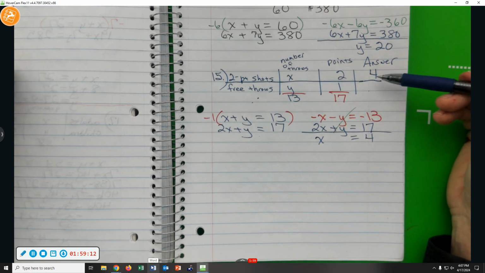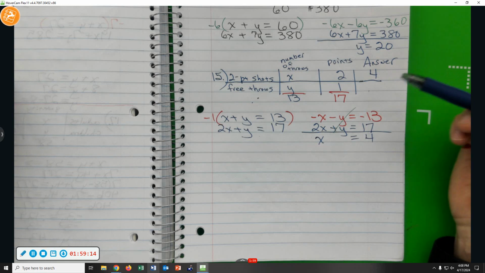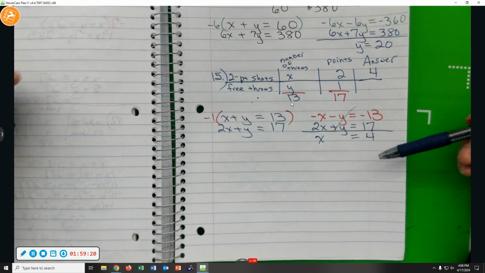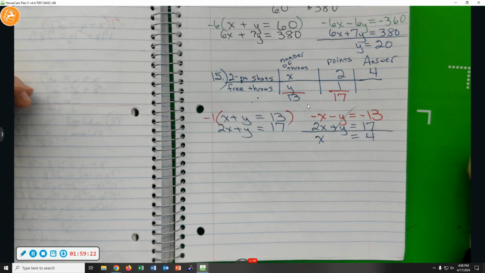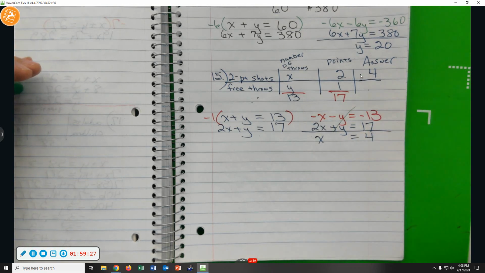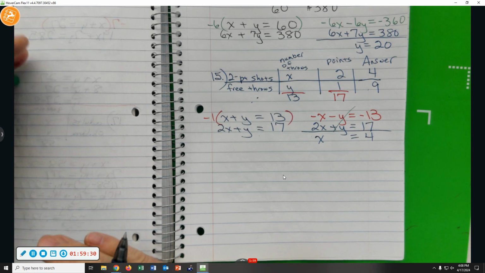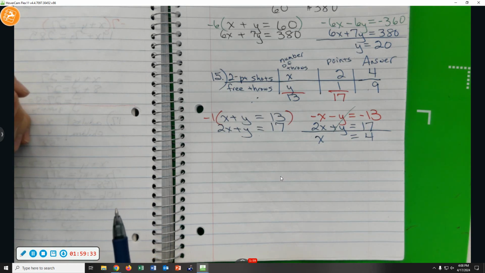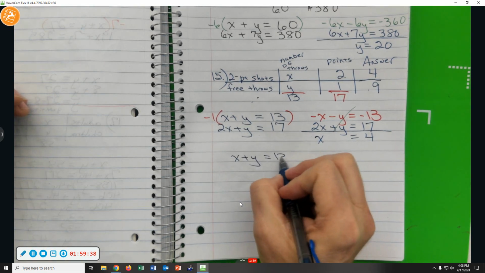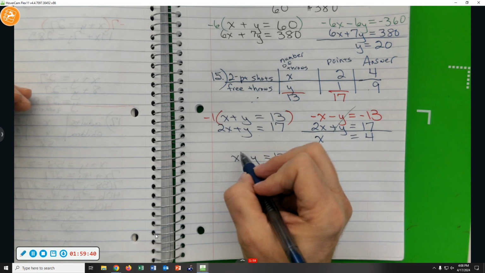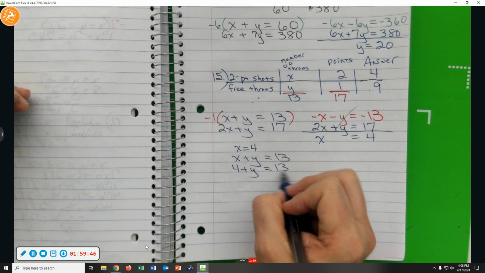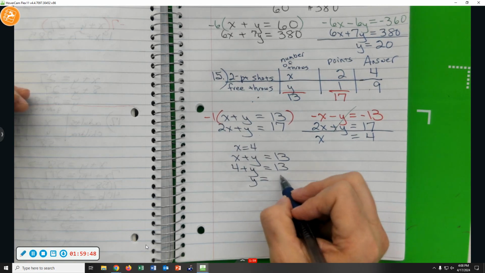So that means this basketball player scored 4 2-point shots. How many free throws did this player score? It has to be a total of 13. 13 minus 4 gives 9 free throws. Or you can plug in: let X be 4, so 4 plus Y equals 13, so Y is 13 minus 4.